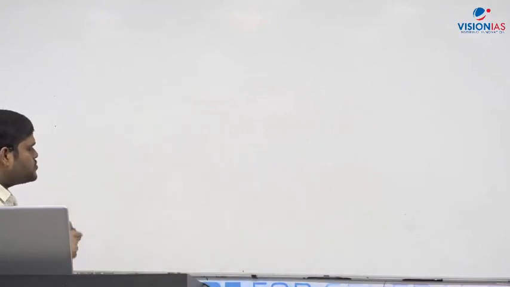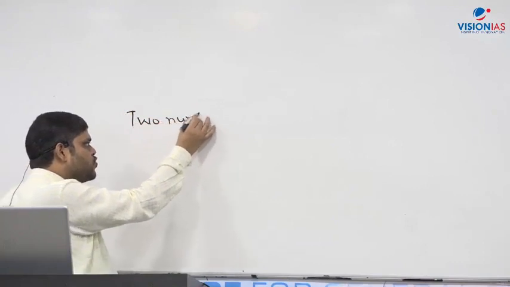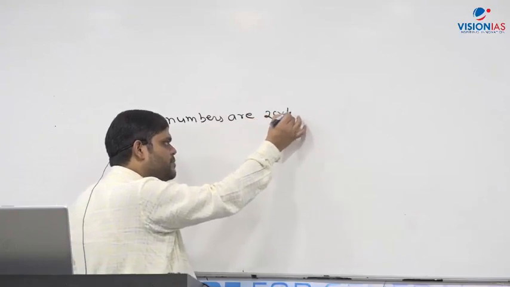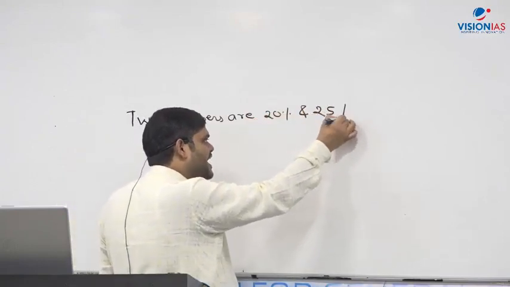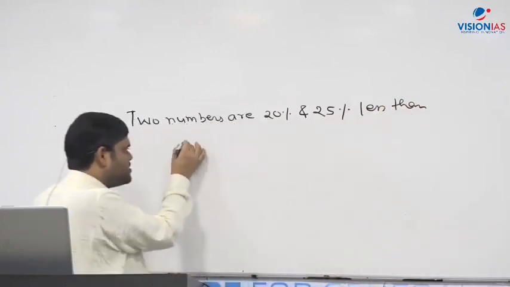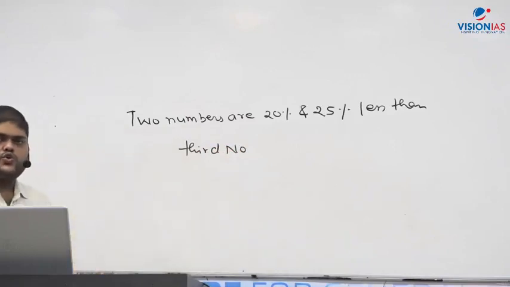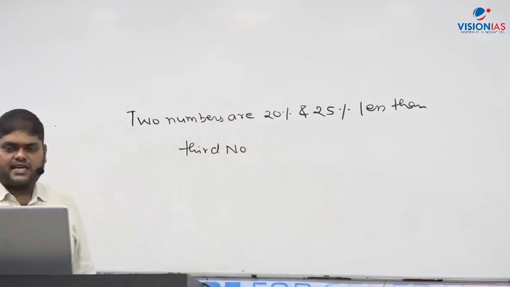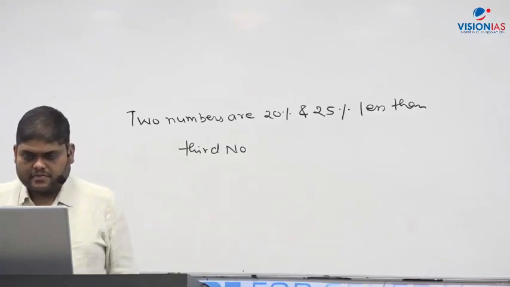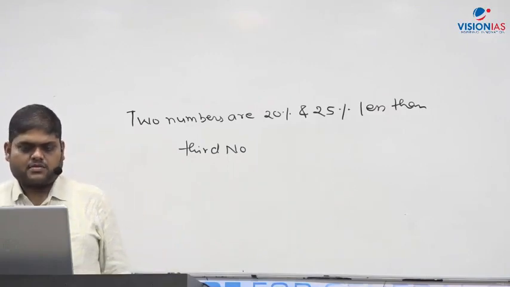Not this question, the question was like this. Two numbers are 20% and 25% less than a third number. The question is, two numbers are 20% and 25% less than the third number.